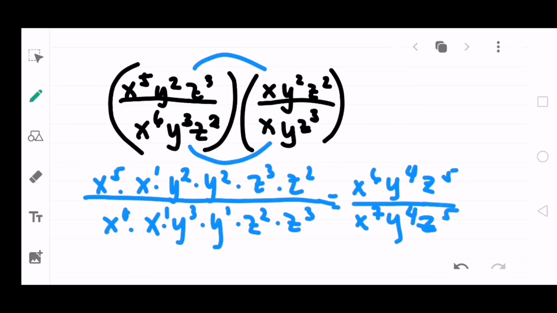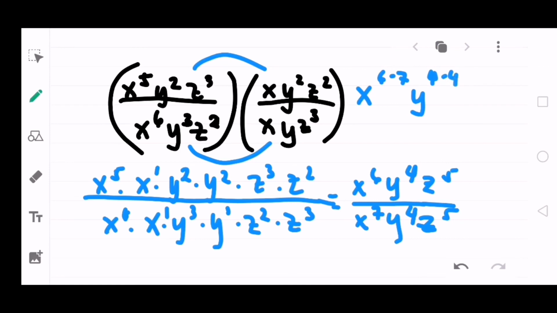Now, to simplify this further, let's apply the quotient rule since we are now dividing the numerator by the denominator. So, we will have x raised to 6 minus 7, since we are to subtract the exponent of the numerator by the denominator. For y, we will have y raised to 4 minus 4.